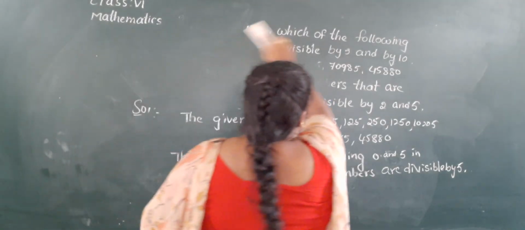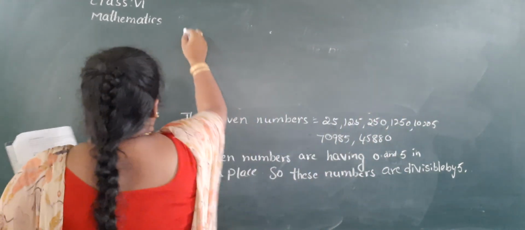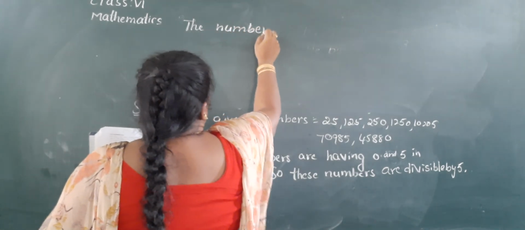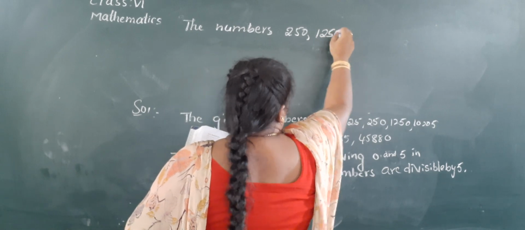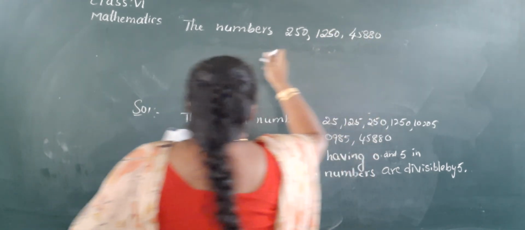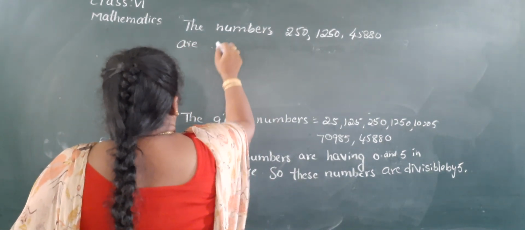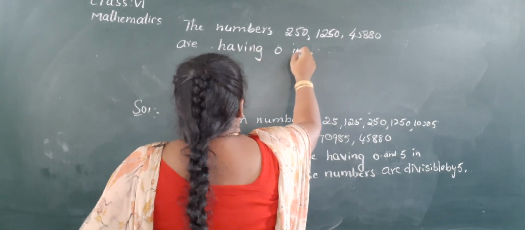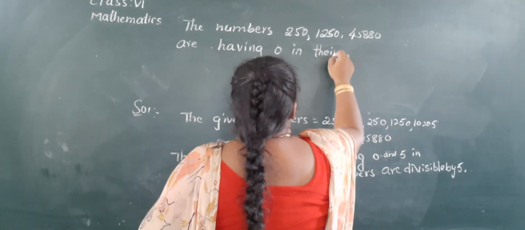Let's continue the classwork. The numbers 250, 1250, 45,880 are divisible by 5, are having 0 in their ones place.